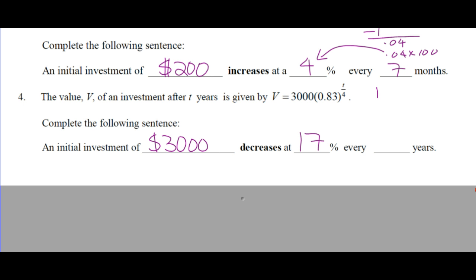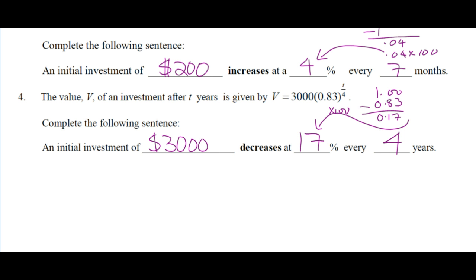So here we go, 1 minus 0.83, which is 0.17, right, times 100 to convert it to a percent. Okay, so you are left with 83% of your investment every, and how long does it take to do that? Every 4 years. I've watched investments do that. You'd think at some point you would sell, but you don't always.